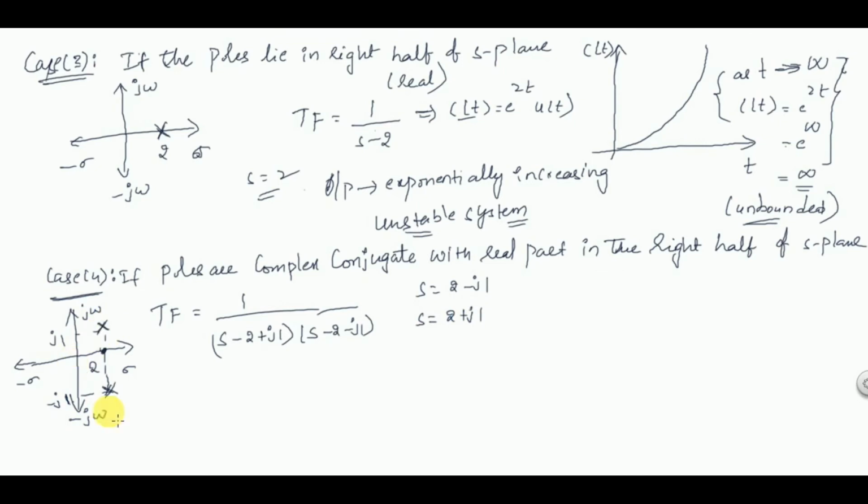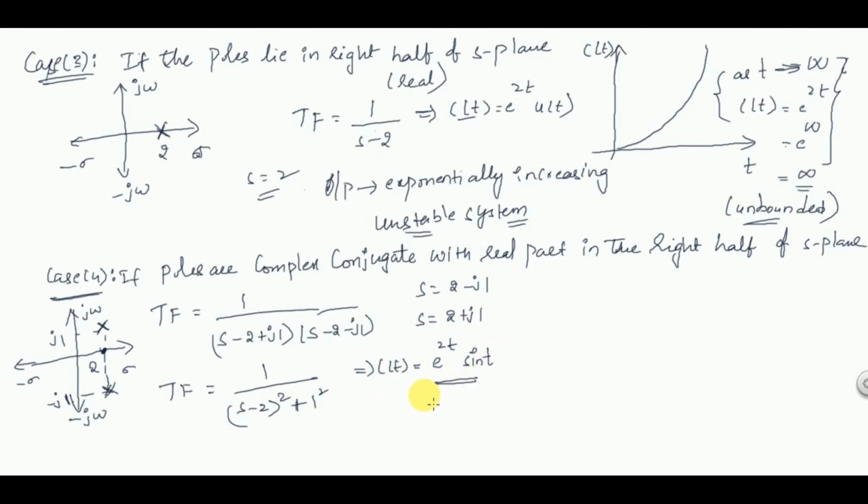The transfer function is 1 by (s minus 2) whole square plus 1 square. If you find the impulse response, c of t is e power 2t into sine t.